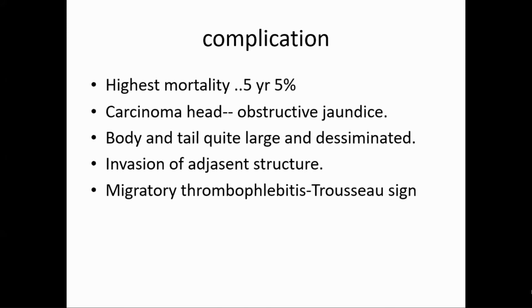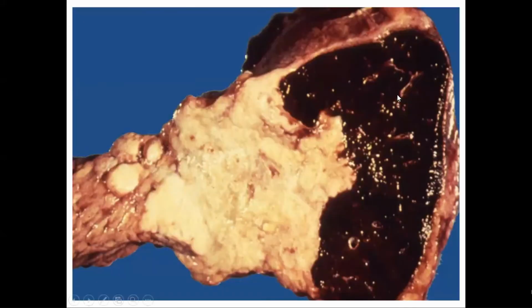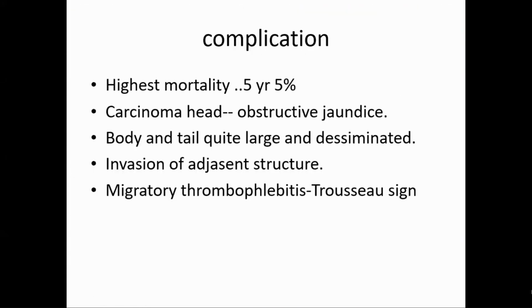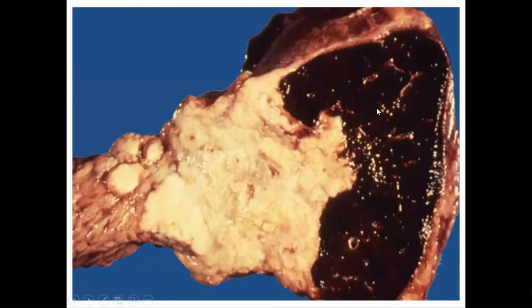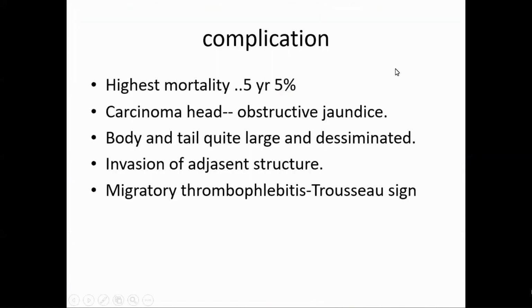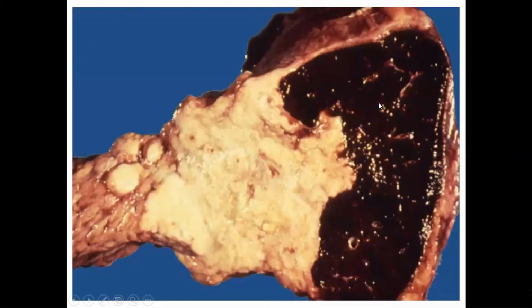So this is carcinoma of the head of the pancreas leading to obstructive jaundice, and Courvoisier sign means enlargement of the gallbladder and painless jaundice. Now this jaundice is quite severe because of the bilirubin, leading to itching of the skin and a lot of problems, and it is quite a high blood level of bilirubin.